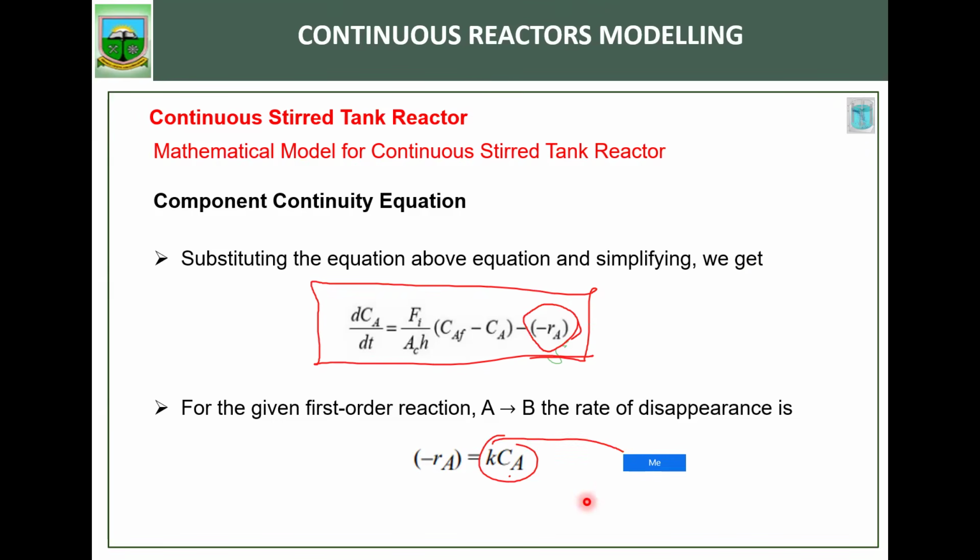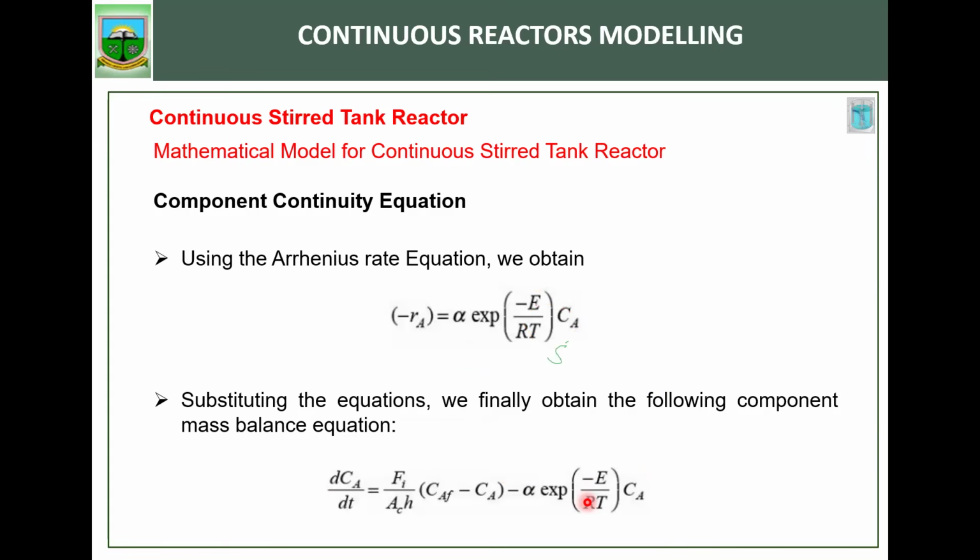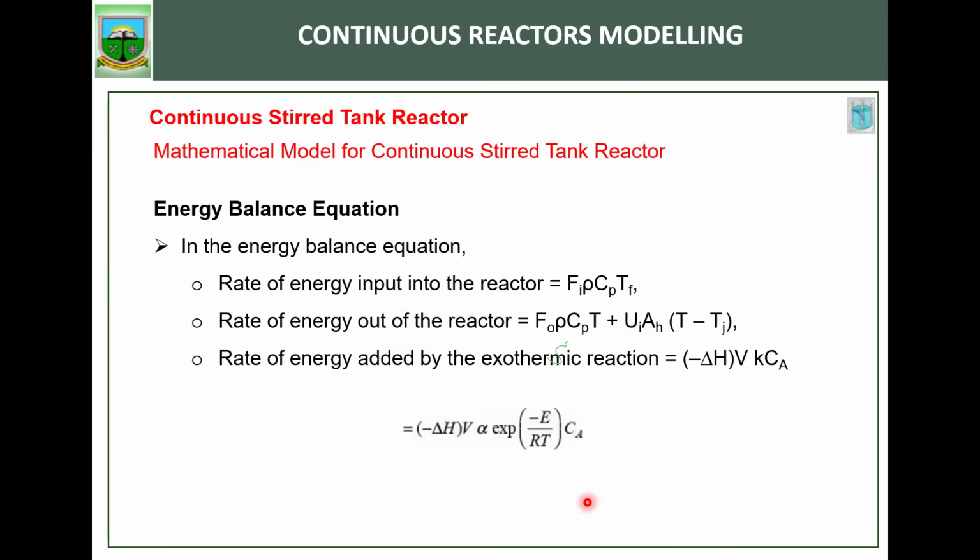After that, you can even change this to the Arrhenius equation. So that is the equation here. You can substitute it into the main equation. You have your component continuity equation for A. I'll write this for B, but for B, it is going to be positive, so this term here will be plus for B.